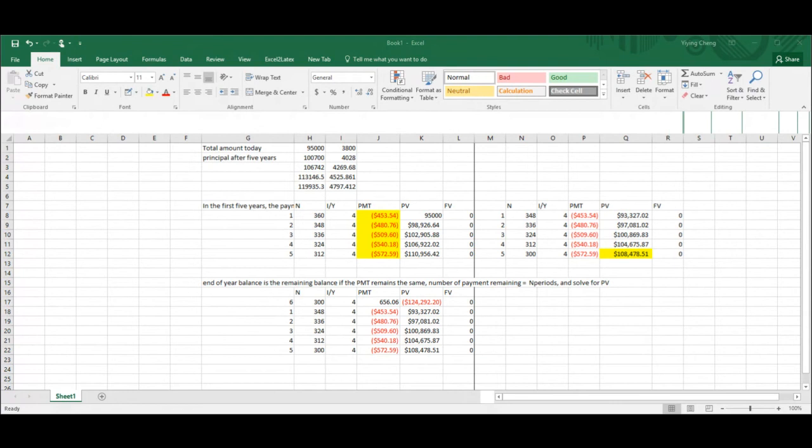Then we adjust the outstanding balance at the end of the year by multiplying by 1 plus the inflation rate to get the beginning of the year outstanding balance for the next year. I hope this explains part A, the payment at the beginning of each year, and part B, the loan balance at the end of the fifth year, which is going to be 108,478.51.